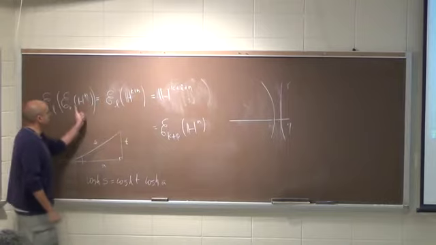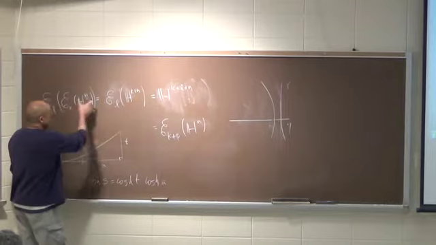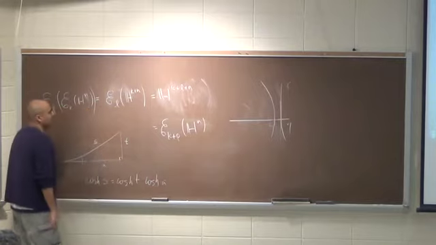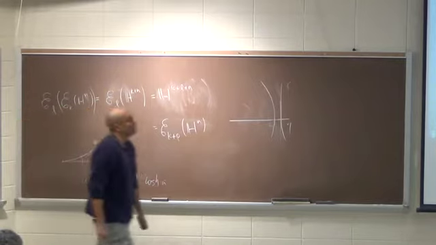So you use this property to prove this, because in the iteration you get one on the other.